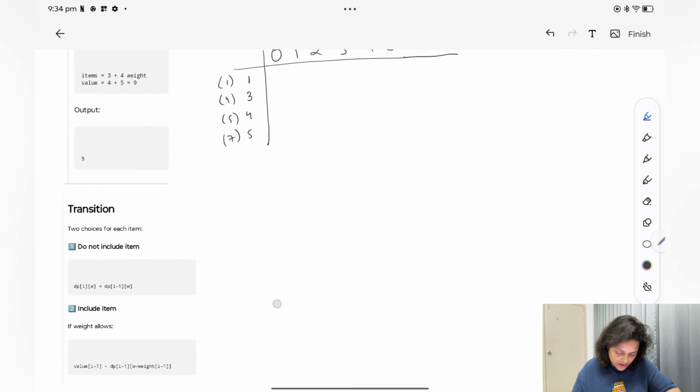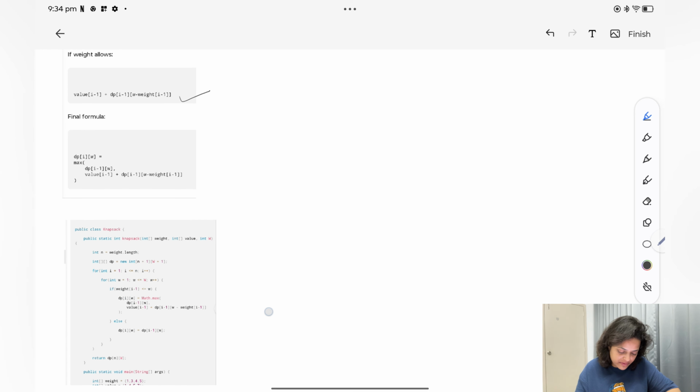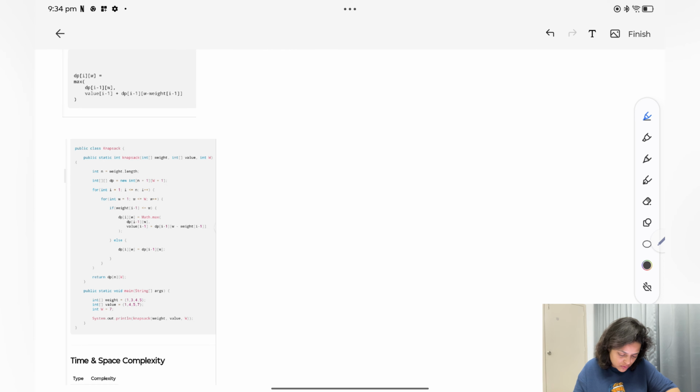Now what will you do here? Either you include that item or you don't include that item. This is the same recurrence relationship we used for subset sum and target sum. We will see how we derive it. Everything is similar to what we did.